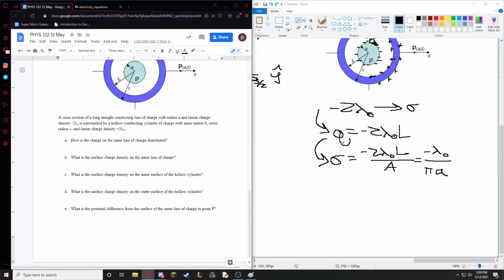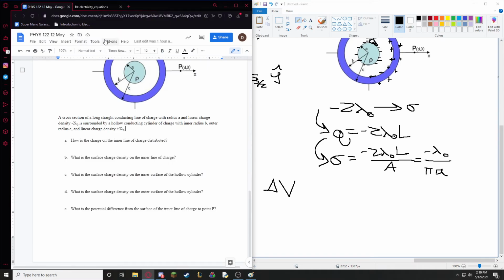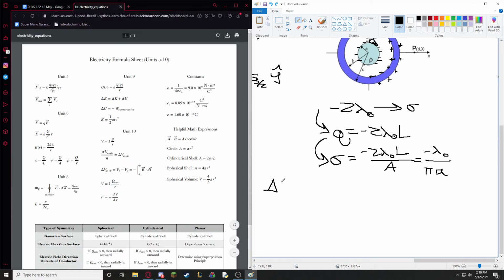It's going to be an integral of the electric field over the distance. Delta V, the voltage from A to B, is the negative of the integral from A to B of the electric field. So we have going from A to point P of E dot dl.